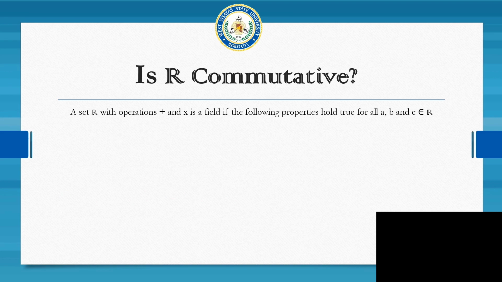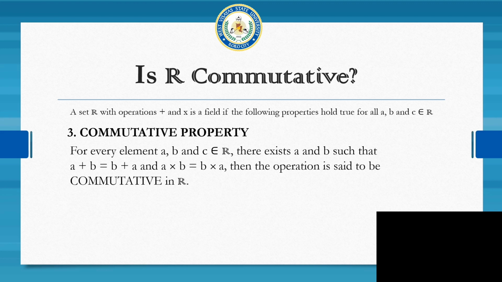How about the commutative property? For every element A and B of the real numbers, if A plus B is equal to B plus A, and A times B is equal to B times A, then the operation is said to be commutative in the set of real numbers.